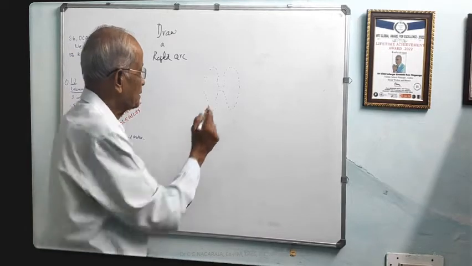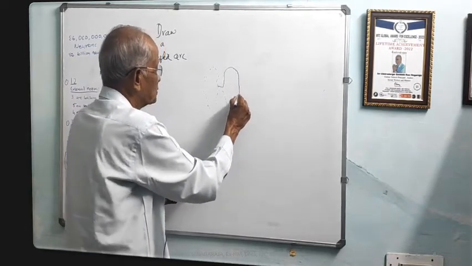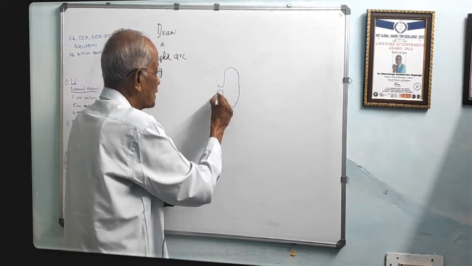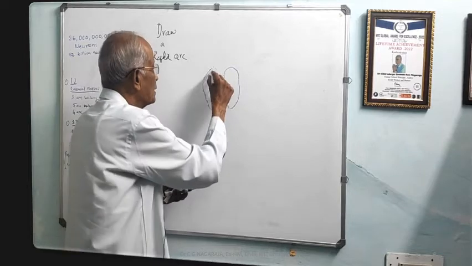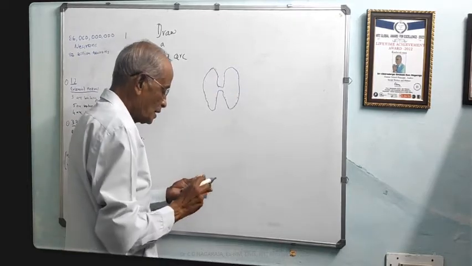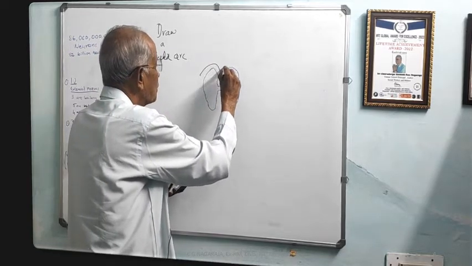Just look at it. First thing is, you draw a small H-like structure. That will be the spinal cord, and then you put the boundary like that.